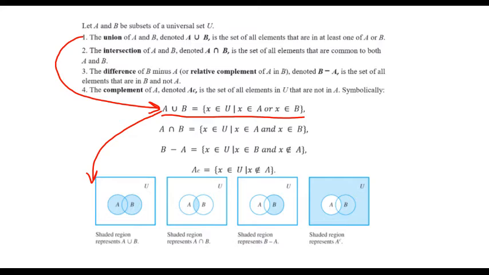This is the first diagram, the leftmost diagram. I'm going to explain to you what this Venn diagram represents. Basically, we have a rectangle which we call U, the universal set. So the rectangle represents the universal set, and there are two circles inside that rectangle representing sets A and B.